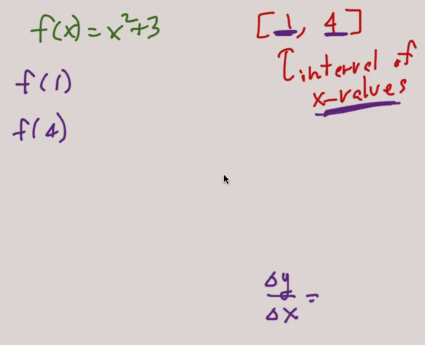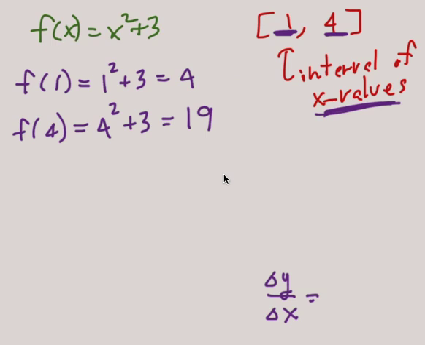All right, f of 1, substitute in, I have 1 squared plus 3, which would give me 4. To find f of 4, I substitute 4 in for x. So you have 4 squared plus 3. 4 squared is 16, and 16 plus 3 gives me 19.